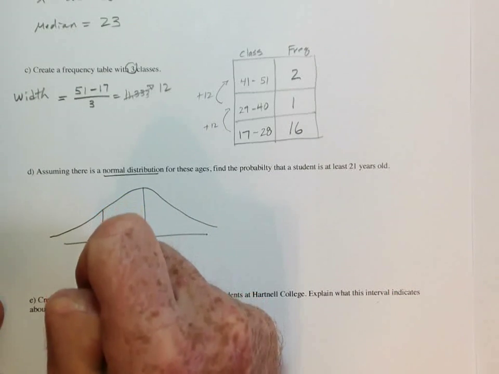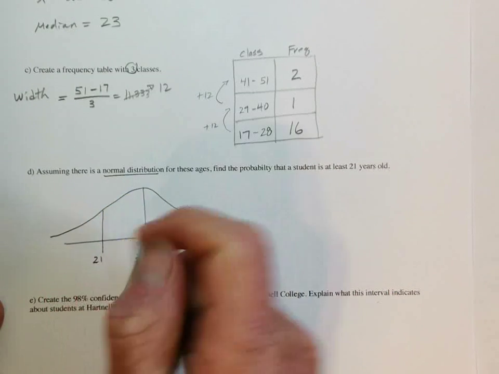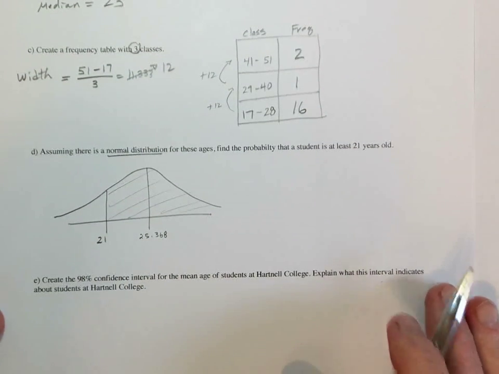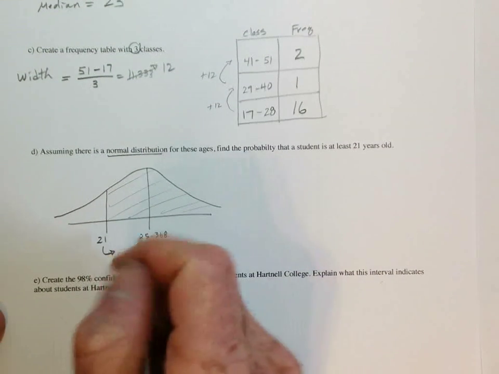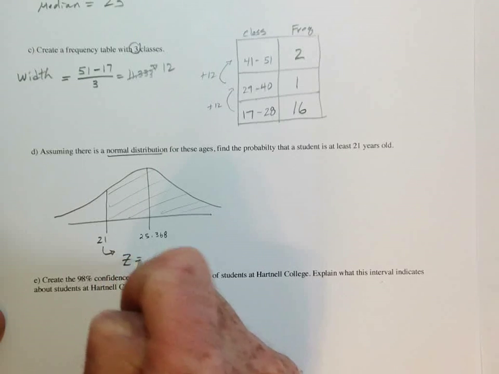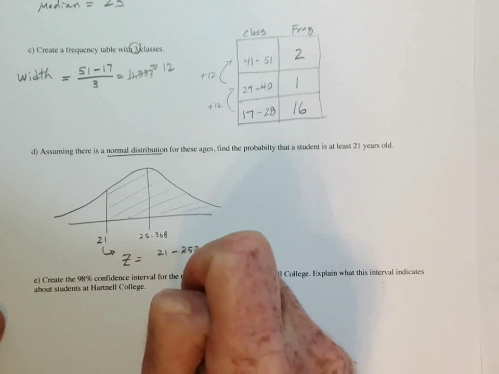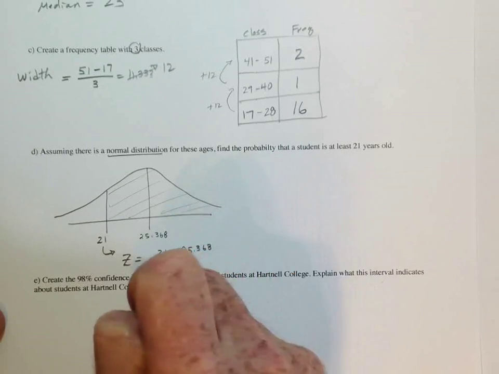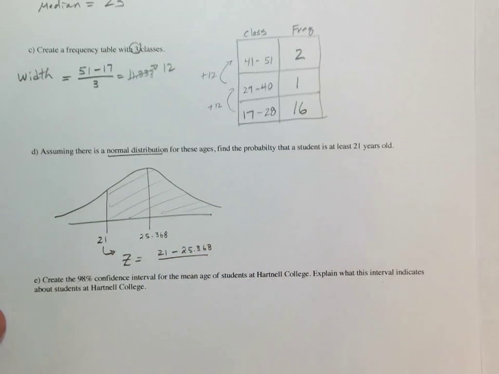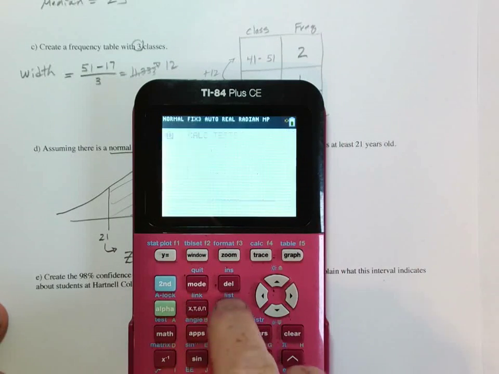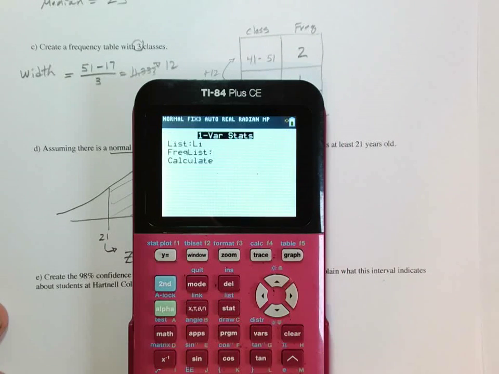So 21 would be over here, and then at least 21 is asking for this right side. So the next thing to do is find z. So 21 minus 25.368 gets divided by the standard deviation. That part I didn't write down earlier, so I need to find the standard deviation again.